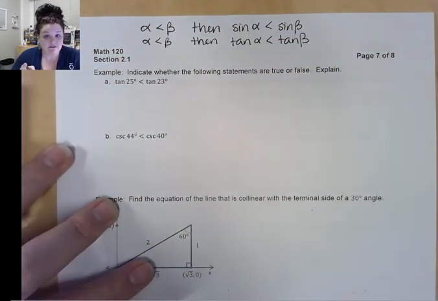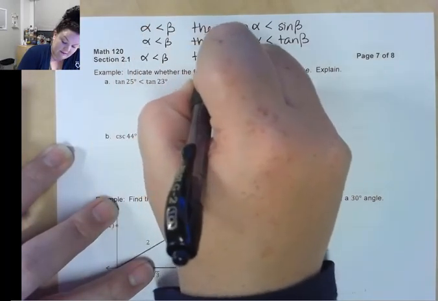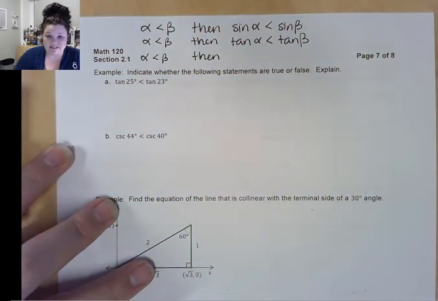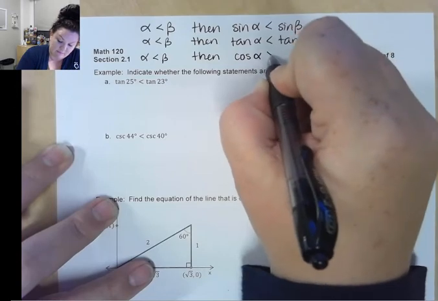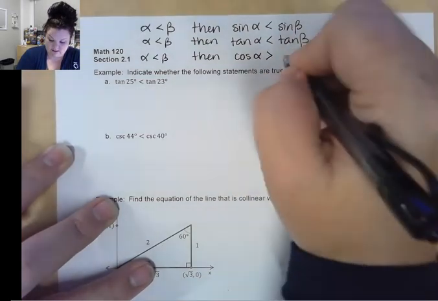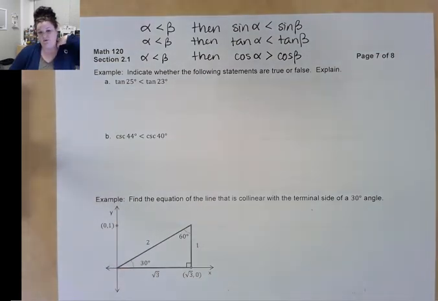But cosine is the opposite. If alpha is less than beta, then cosine decreases, meaning that cosine alpha is going to be bigger than cosine beta. Now, we could write out these mathematical statements for all 6 of them, but I'm just going to use the first 3.